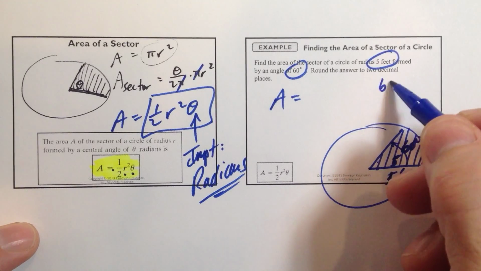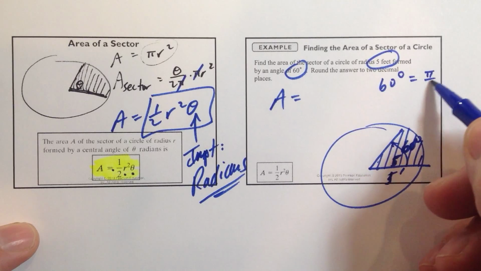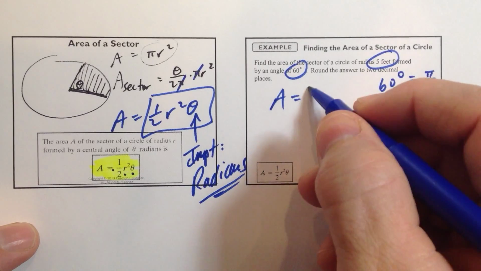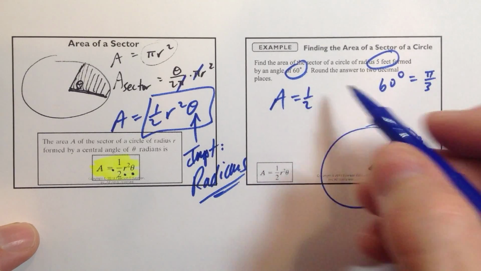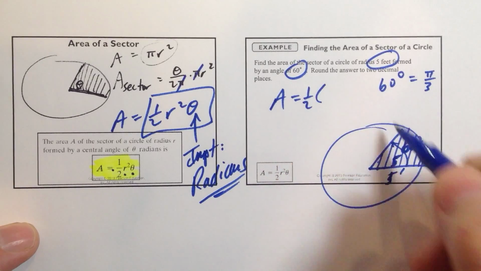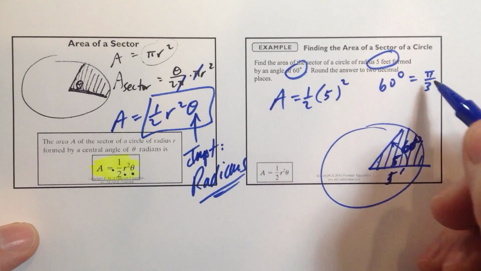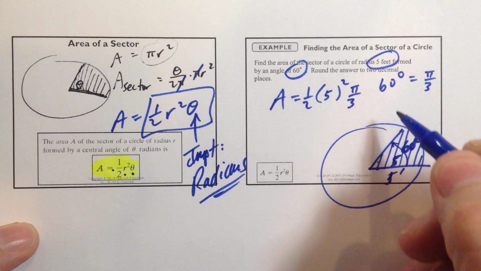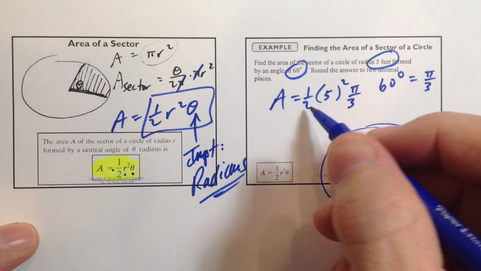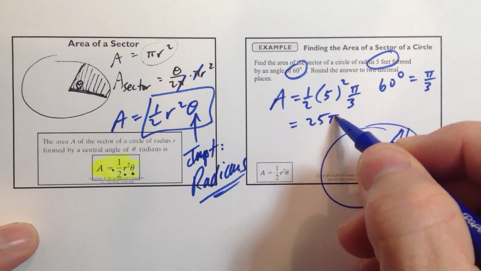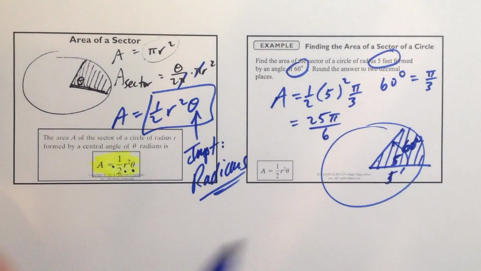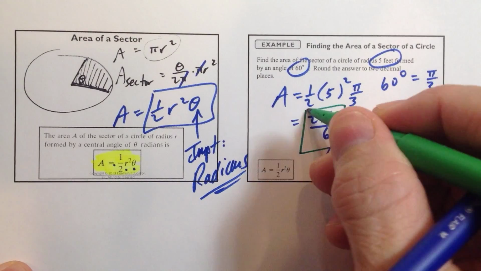But 60 degrees, remember, equals pi over 3 radians. And so the area, very simple, just go ahead and plug in the 5, plug in the pi over 3, and we have 25 pi over 6. So that's the area of the sector, 25 pi over 6. And we are done.